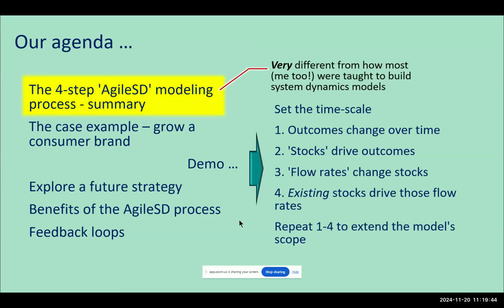This is not how I was taught to build system dynamics models, whether for business or any other purpose. But when we get to the last but one item on the agenda, I will try to highlight what I think are some quite substantial benefits from this approach compared with how we've traditionally gone about building these models.